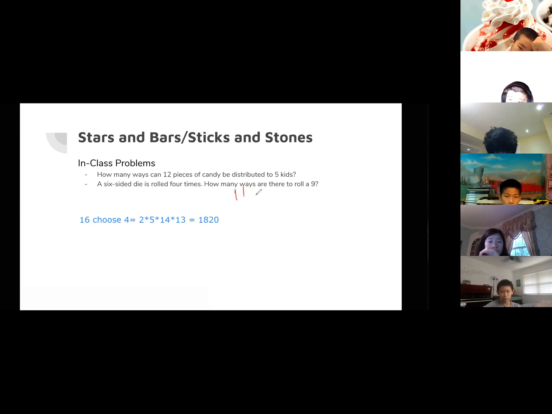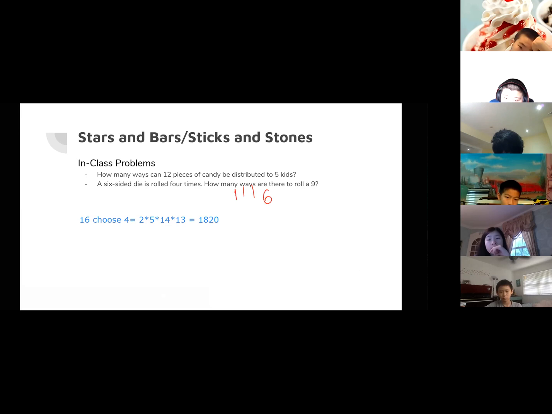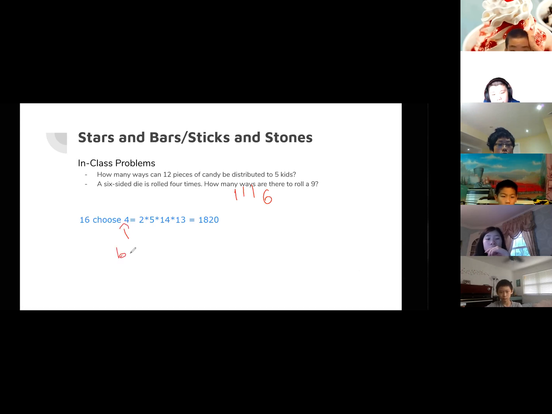So 1, 1, 1, 6, even if those are all 1, then you're never going to get 6. How did I get 16 choose 4? Again, you're choosing 4 bars out of 16 stars plus bars.